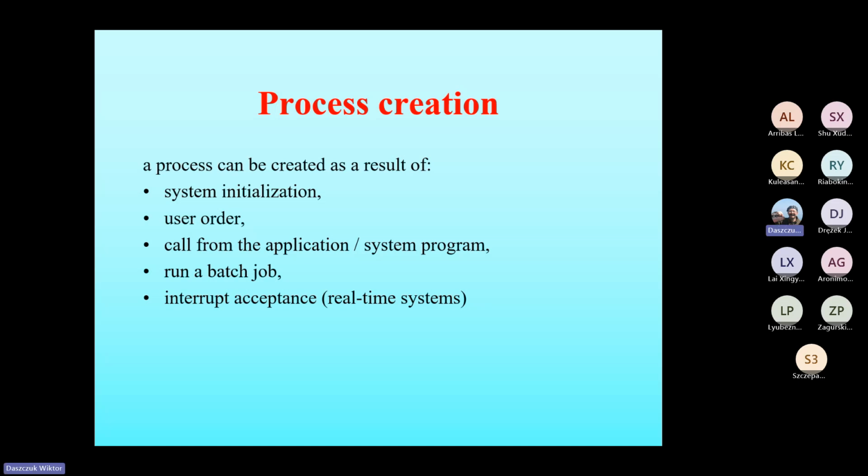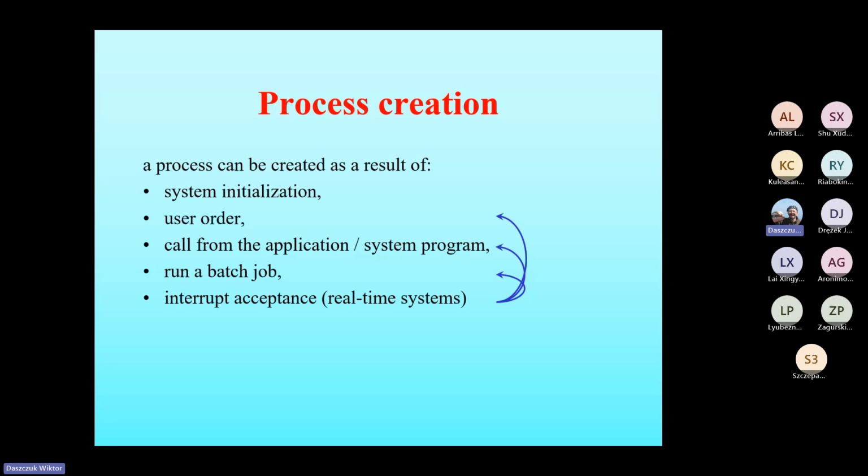Running a batch job creates a set of processes that take every job in the batch and create a process to run this program. On acceptance of an interrupt in a real-time system, it can start a process to serve the device that sent the interrupt, and so on.